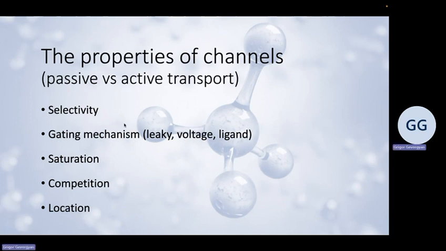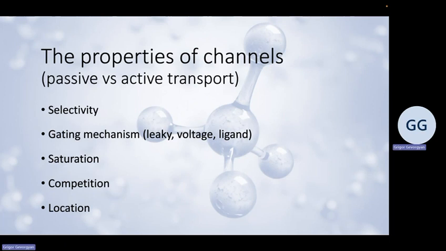Okay, now let's talk about how the ion can go through the membrane. It needs to use a channel. These channels include leaky channels, voltage gated channels, ligand gated channels, and mechanically gated channels. Voltage gated channels open if there is a change in the voltage, a change in the potential of the cell.